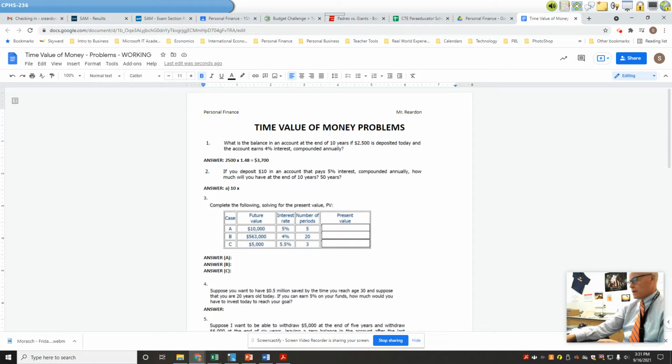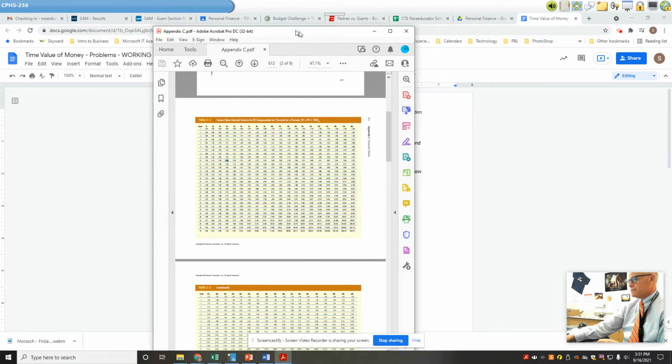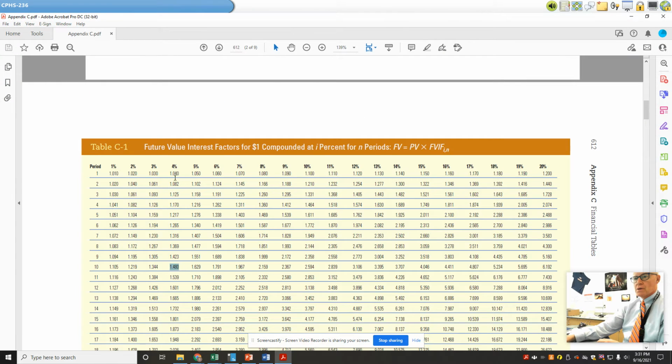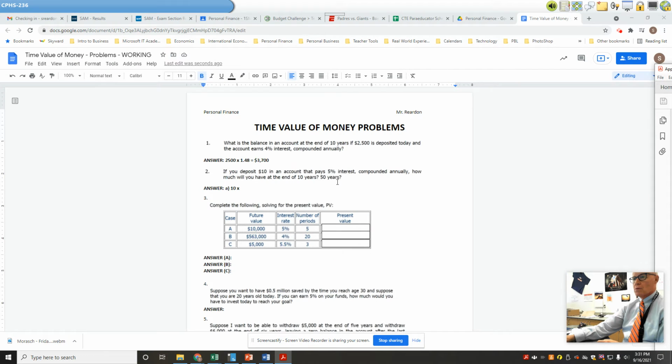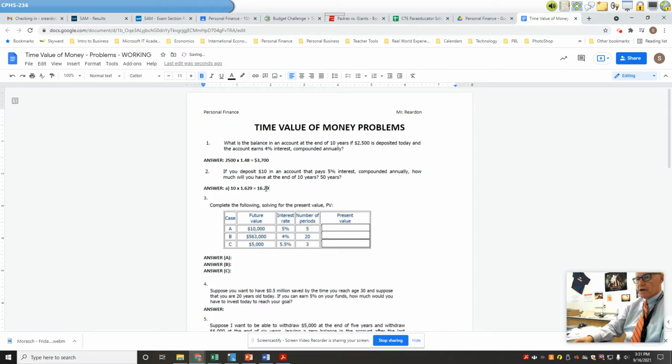What's it worth in 10 years? 5%, 10 years, 1.629. 10 times 1.629, you can probably see, just shift the decimal, is going to be 16.29.